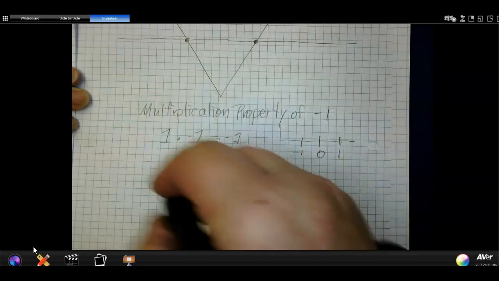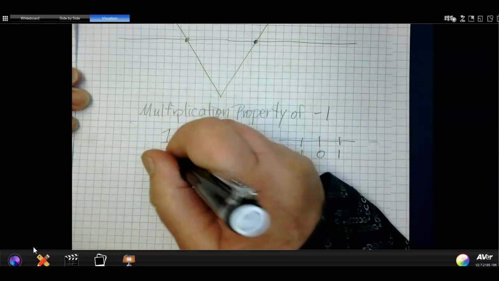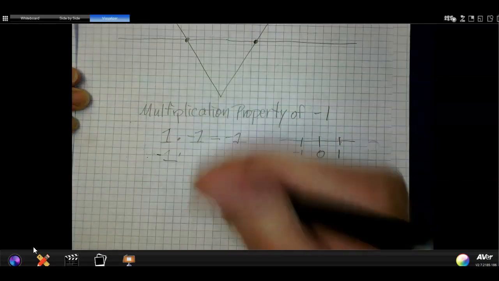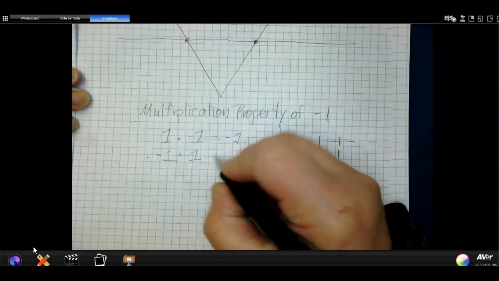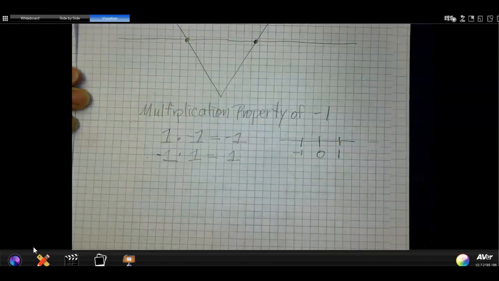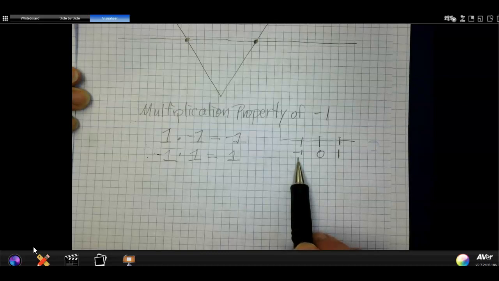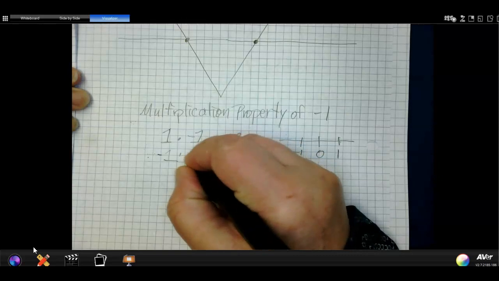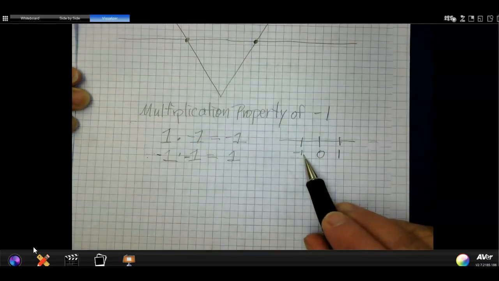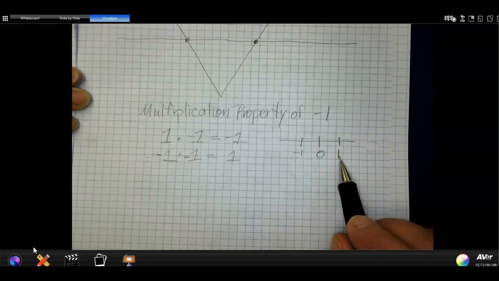So, what happens when I have a negative number? When I have -1 and I multiply -1 by -1, I end up with +1, don't I? So here I am at -1 and I multiply by a negative number. Oops, I should have made that negative. I'm going to jump 0 and go on the other side of the number line.